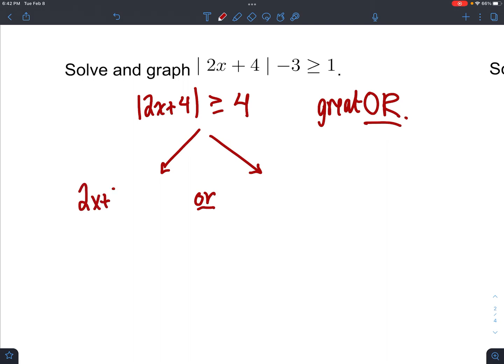How do you break them up? Well, you just copy and paste here. So this is the positive branch. The negative branch, because remember for 6-1, we just broke it up into equals 4 and equals -4. And we do the same thing here, but we do have to flip the sign.